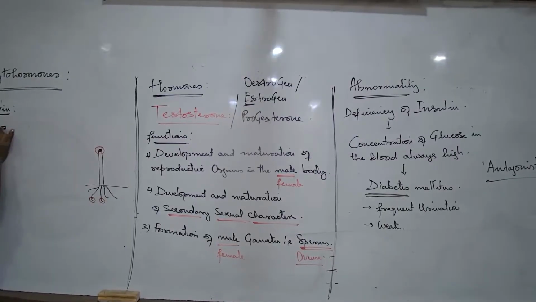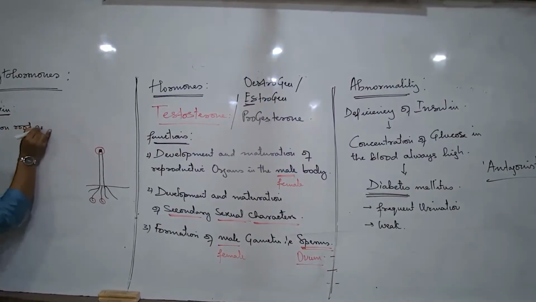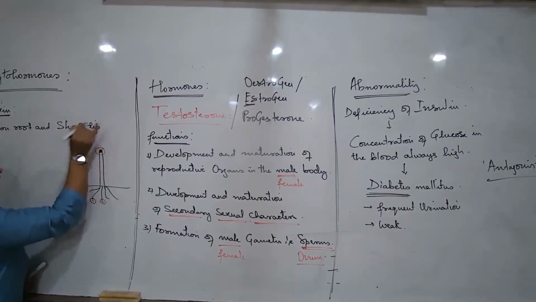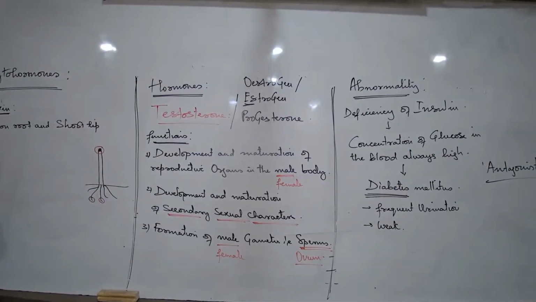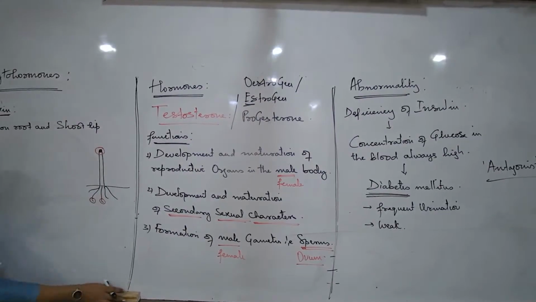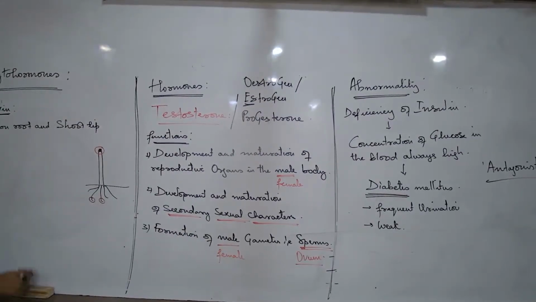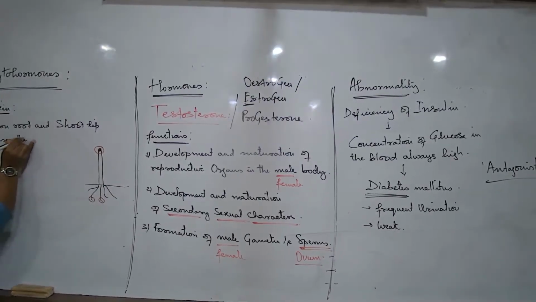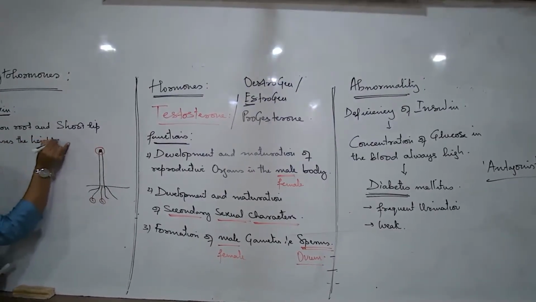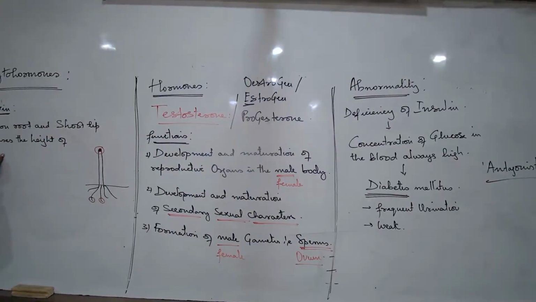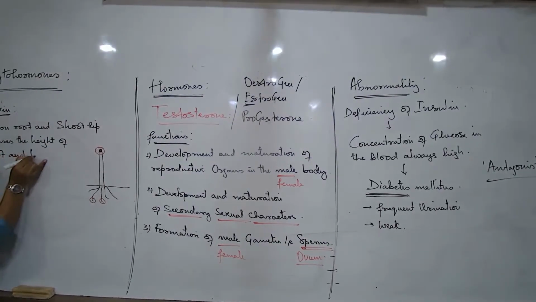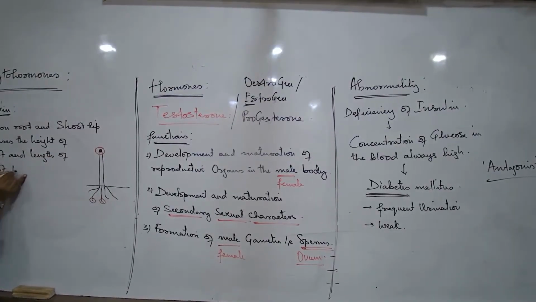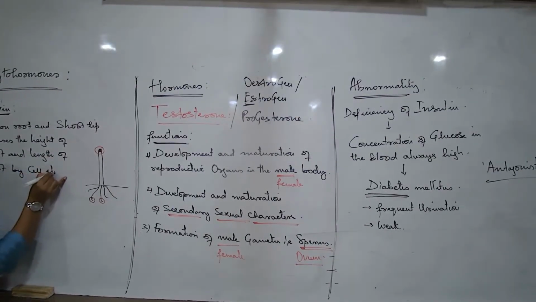So what are we going to write down? Auxin acts on the shoot and the root tip, increases the height of the shoot and the length of the root by cell elongation.